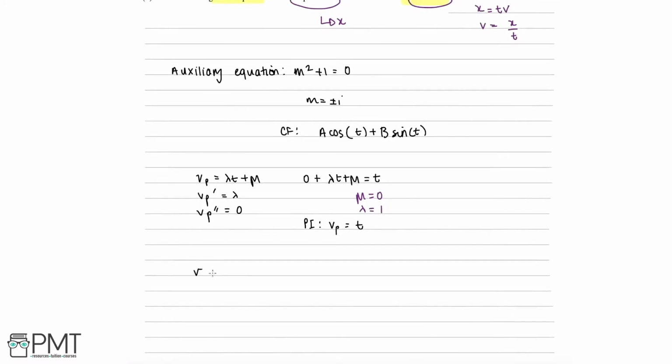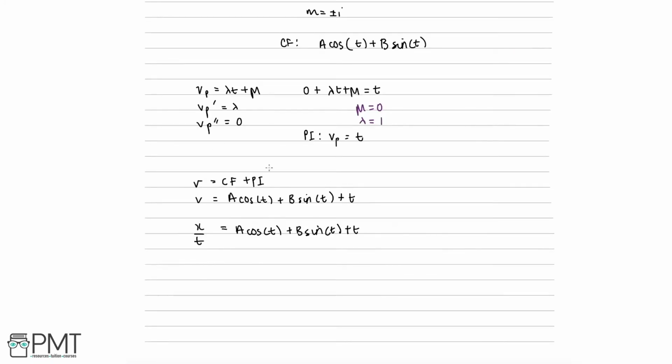So v is equal to our complementary function plus our particular integral, which is just equal to a cos t plus b sine t plus t. Now once again, this is an equation for v, but we want an equation for x. Because of our original substitution, we're given that v is equal to x over t, and thus we can substitute x over t for v in this equation over here to give you x over t is equal to a cos t plus b sine t plus t.